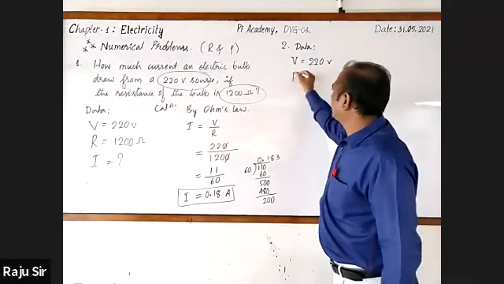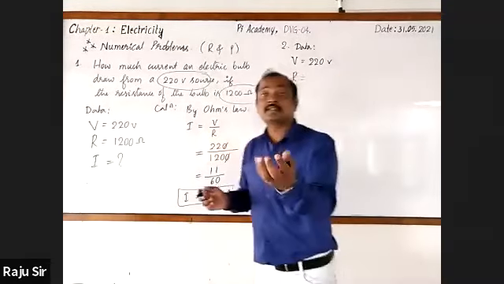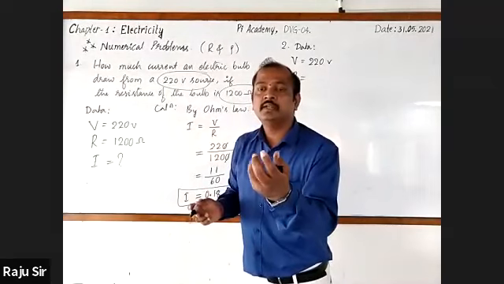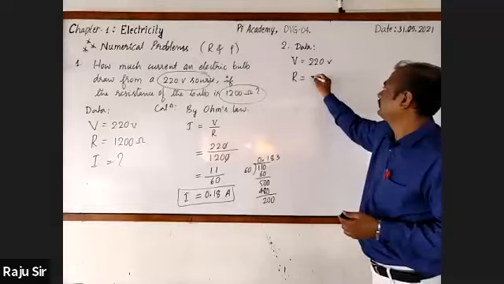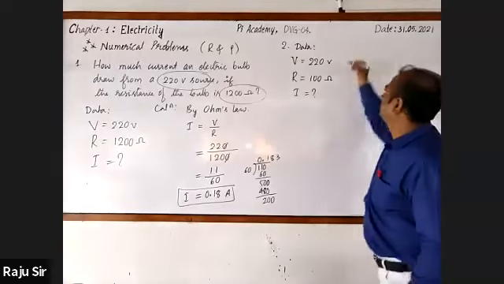Next, the electric resistance, that is the resistance offered by the electric heater. How much? 100 ohm. You are going to find out the current drawn by that electric heater.